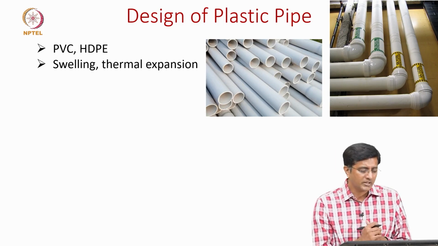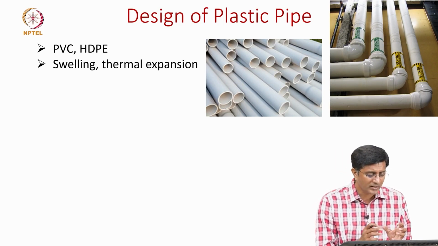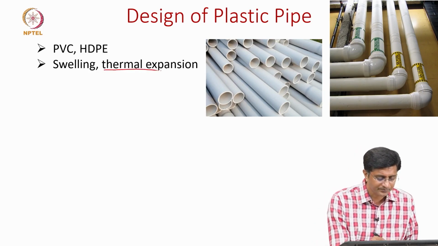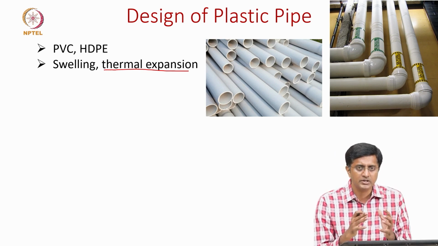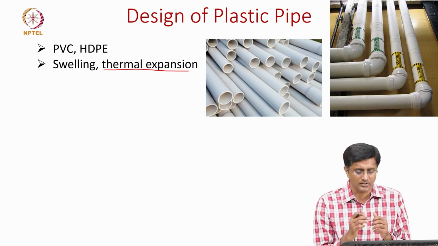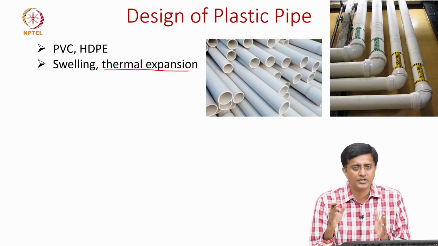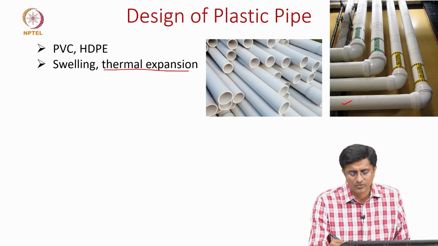So, one of the primary criteria one has to look at while designing these pipes is the swelling and the thermal expansion. So, let us start with the thermal expansion. As we have already seen in previous videos, polymers have CTE values that are very high compared to metals. So, what it means is, let us say there is a change in temperature of 10 or 20 degrees, then they expand or contract by a large amount. Why is this important? Because let us say if you are looking at this figure and let us say this is the pipe we are focusing on.